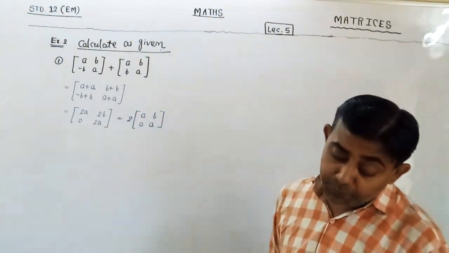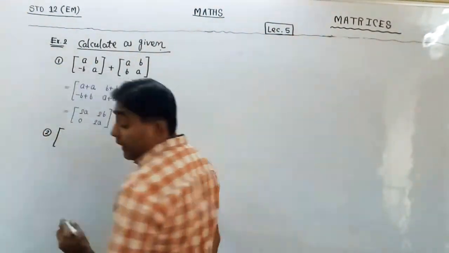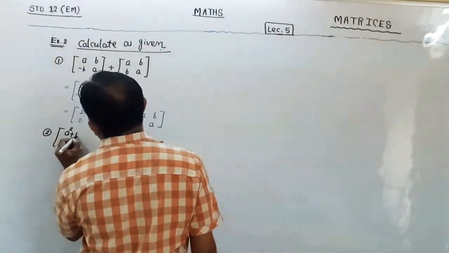Now second question is this: A square plus B square, A square plus C square as first column.